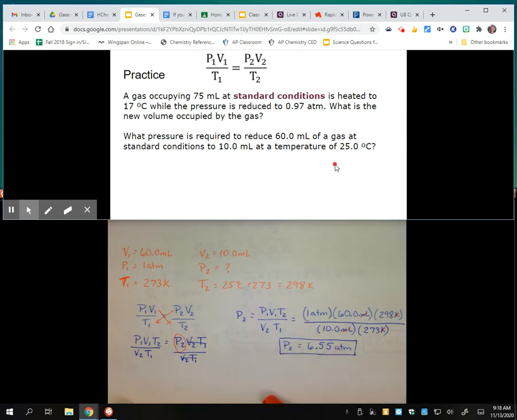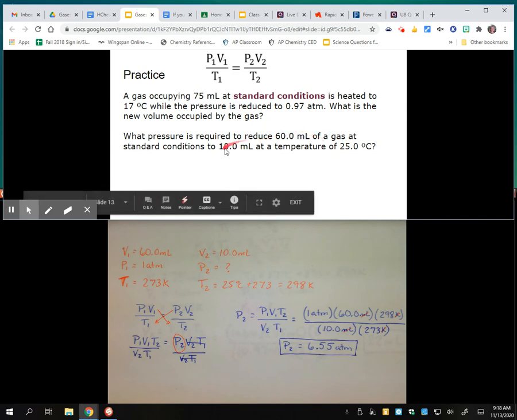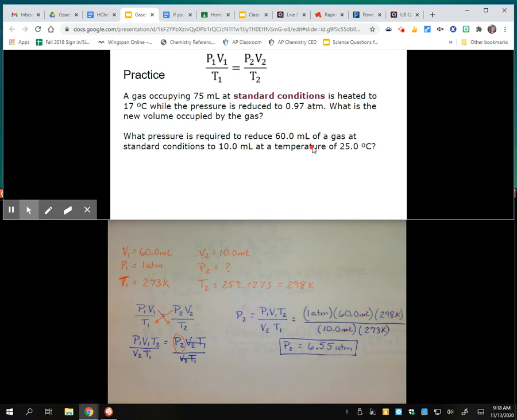So we get P2 is equal to this, and then we're going to plug in our numbers, making sure we put P2 on top and T2 on top and T1 on the bottom as our formula says. Milliliters cancel out, Kelvin cancels out. All I'm left with are atmospheres, and that makes sense for pressure. And I ended up with 6.55 atmospheres since it seemed as though every number that was given in the problem was 3 sig figs. So that's how you work with the combined gas law.